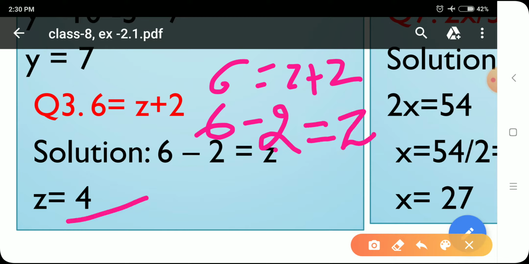So it will become 4. So z is equal to 4 will be your answer.